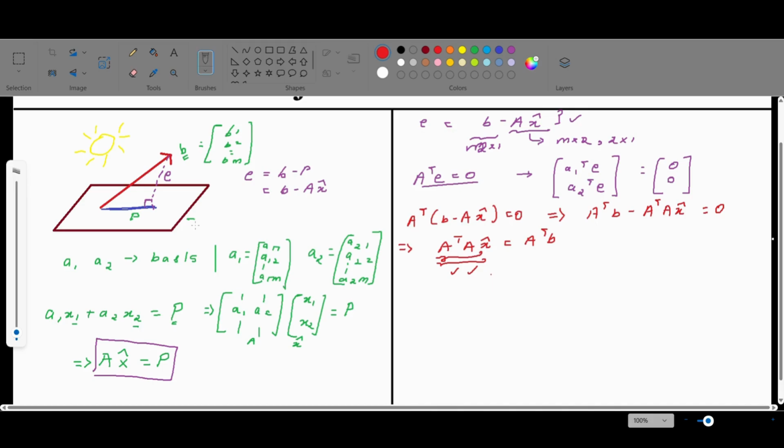Okay, so therefore A transpose A would also have independent columns. And hence, you can get the inverse because it satisfies both those conditions we had talked about earlier. Therefore, on both sides, multiply A transpose A, the whole inverse. Okay, in this way.